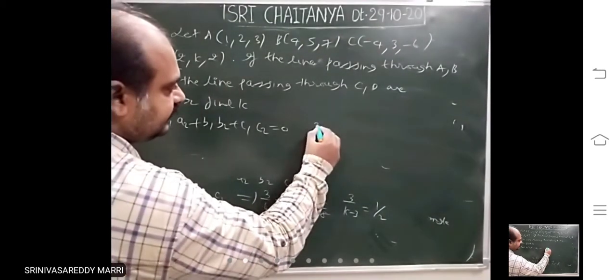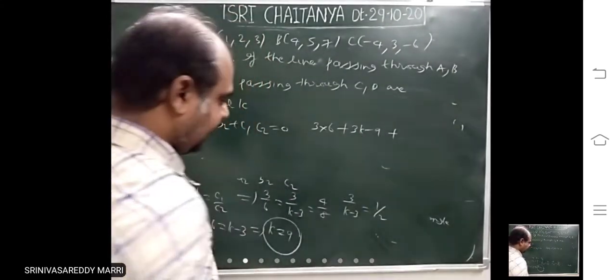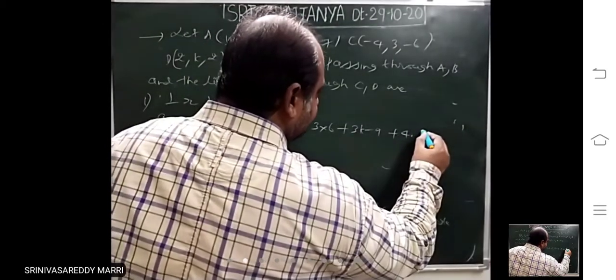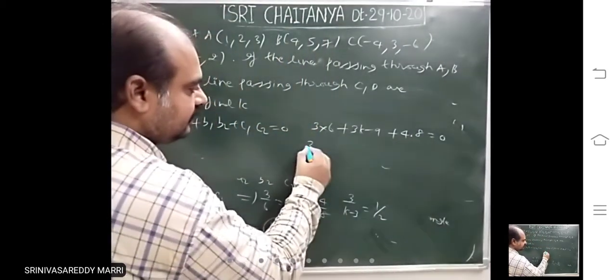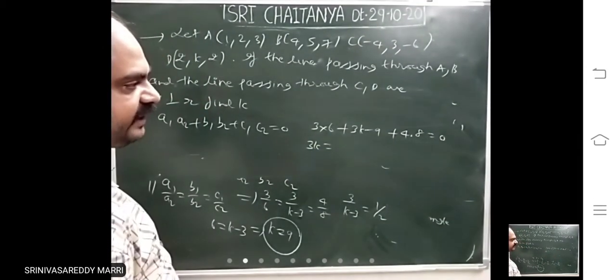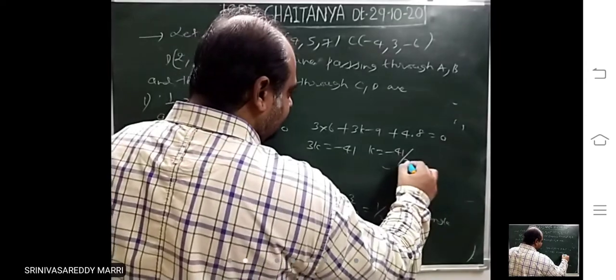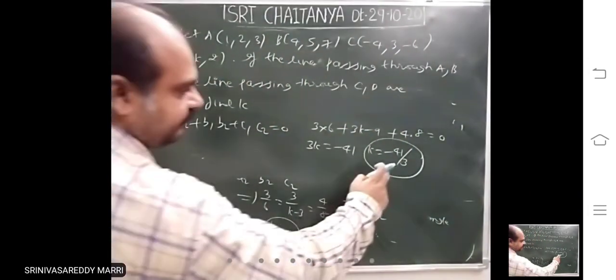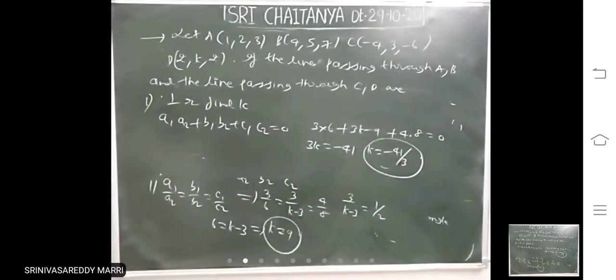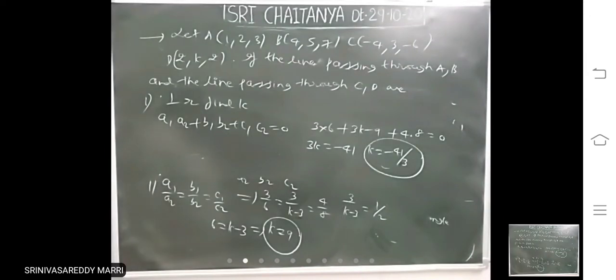So 3 into 6 plus 3 into K minus 3 plus 4 into 8 equal to 0. That means 3K equals 18 plus 32, 50 minus 9, 41, so K is minus 41 divided by 3. Just calculate DRs and write the condition A1 A2 plus B1 B2 plus C1 C2 equal to 0. That is the perpendicularity condition.